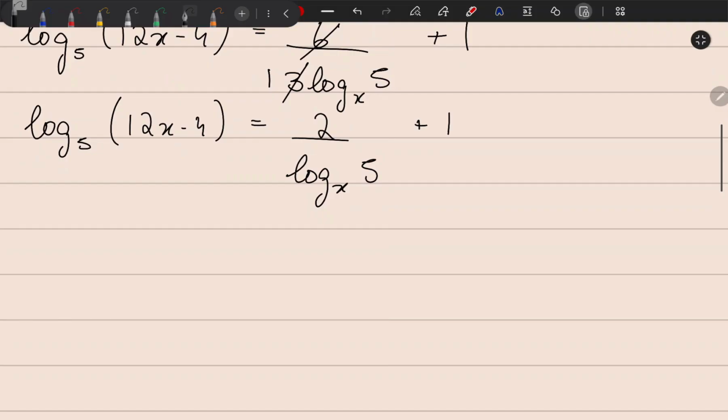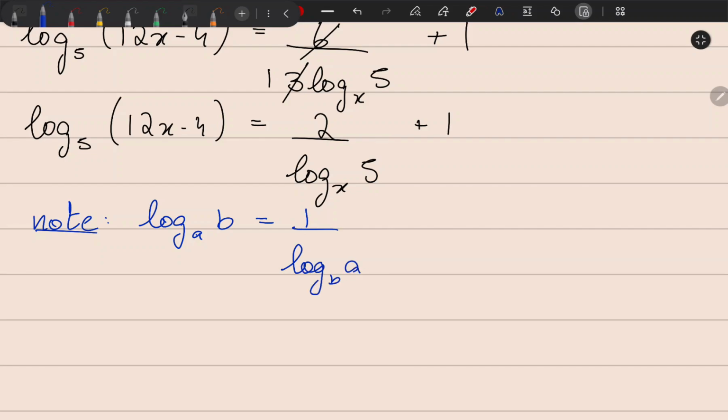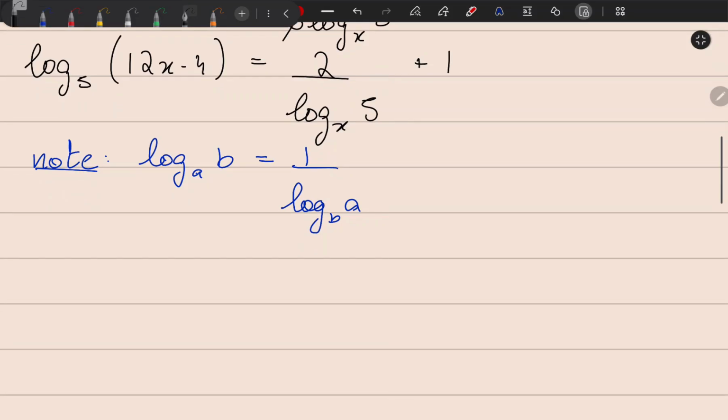And here we have our second identity, which states that log base a of b is equal to 1 upon log base b of a, right?